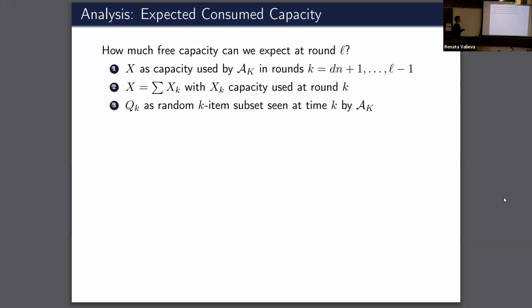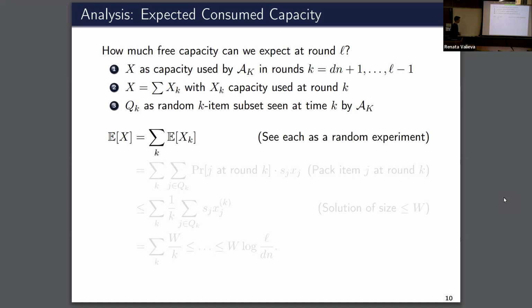Let X be the capacity used by algorithm K up to this point, and consider each round individually. So Xk is the capacity that we are going to use at round K, and Qk is the random K item subset that we have seen up to that point.